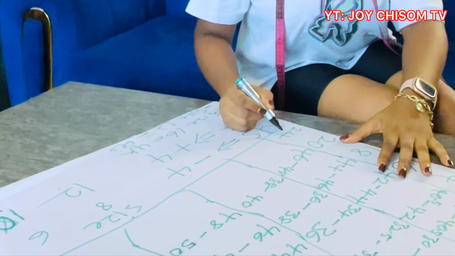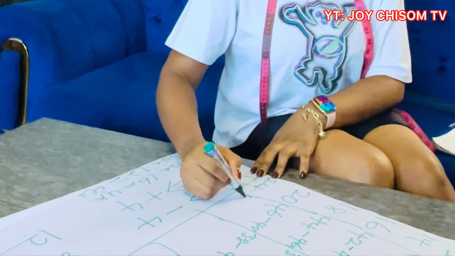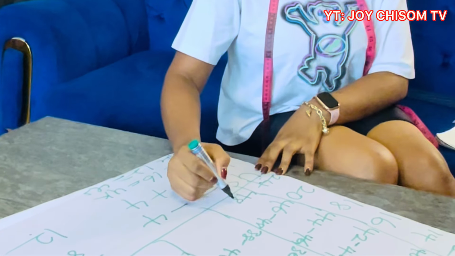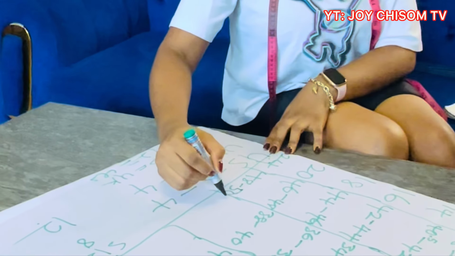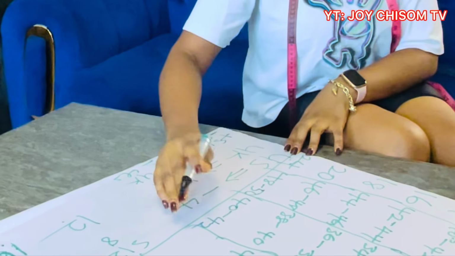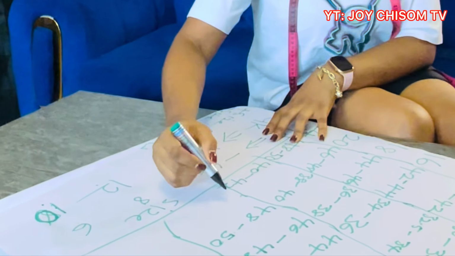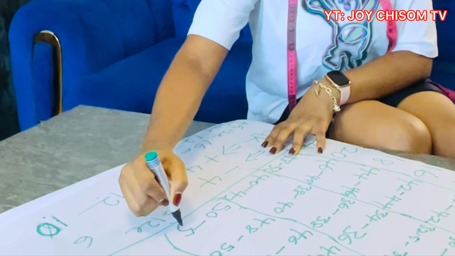Yes. Then this size 24, bust of 48 to 50. Then from 40 to 42, that's their waist. Then their hip is 50 to 52.